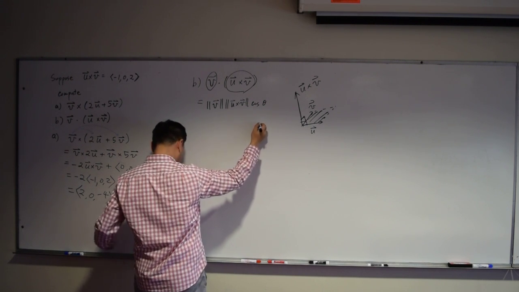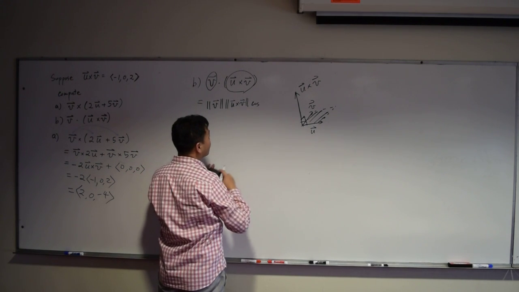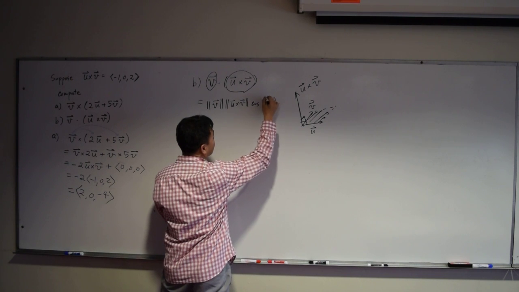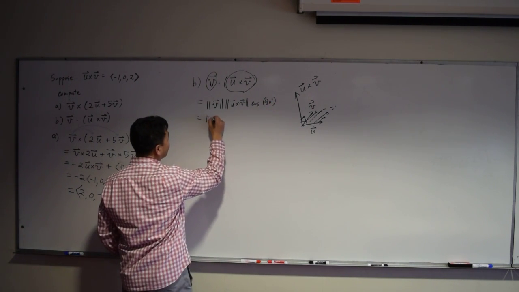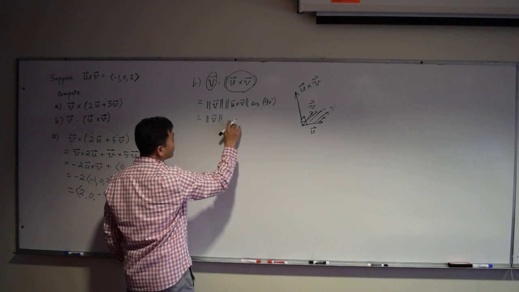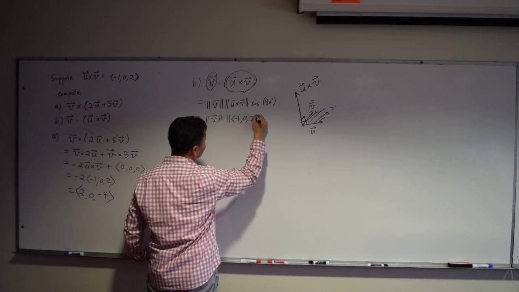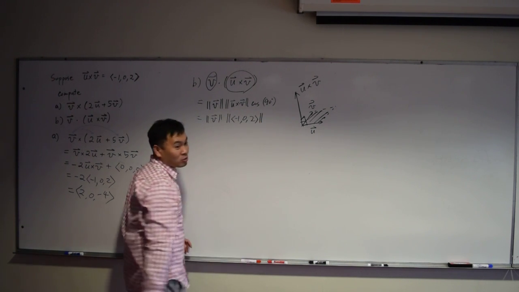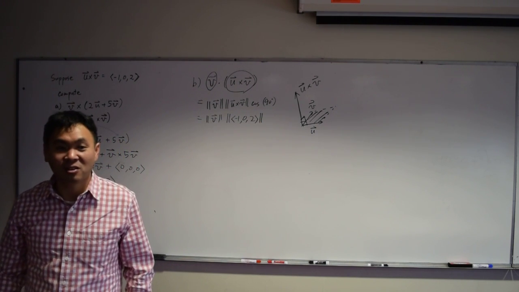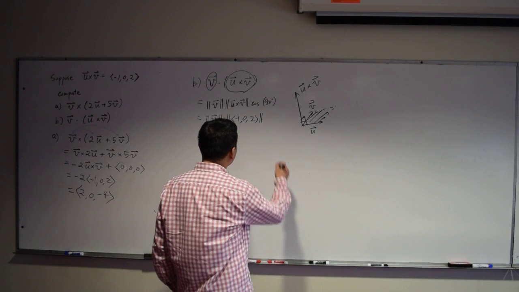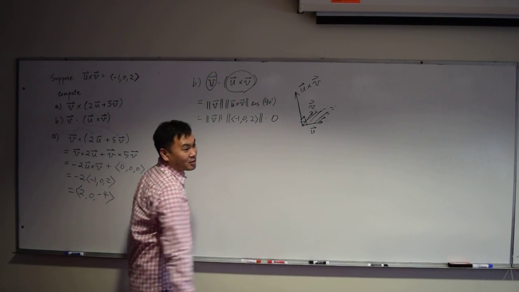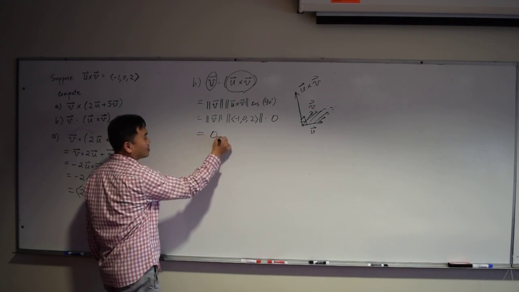And because this angle is 90 degrees, I don't know what v is, I do know what the cross product is, but at the end of the day, all that matters is that cosine 90 is 0. And if it's 0, it doesn't matter what the others are. It will just become 0.